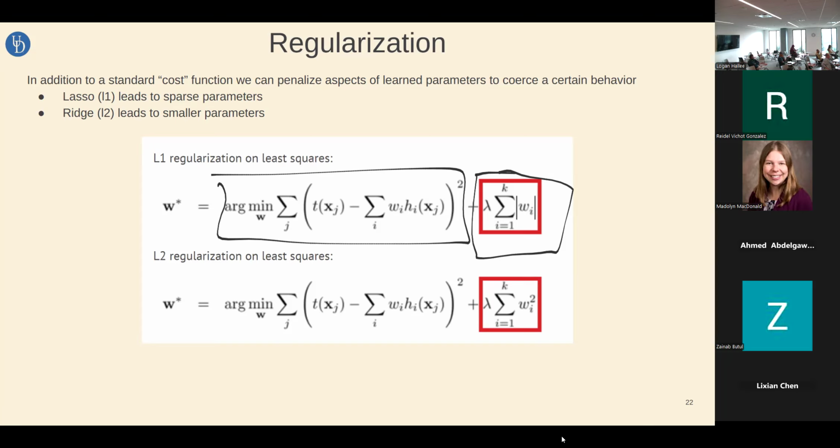But by also trying to minimize the value of each parameter we're finding, L1 regularization has this neat party trick, which is that it makes a lot of them zero. So the solution is very sparse.